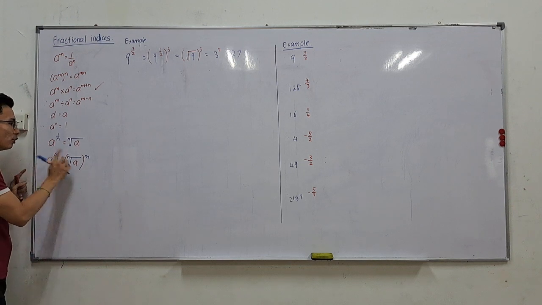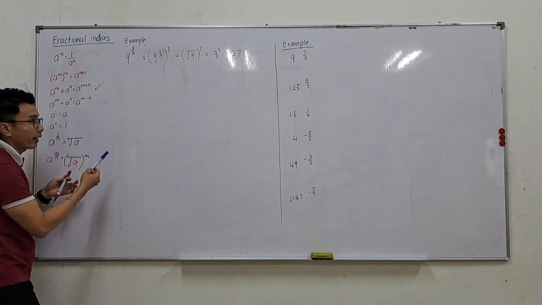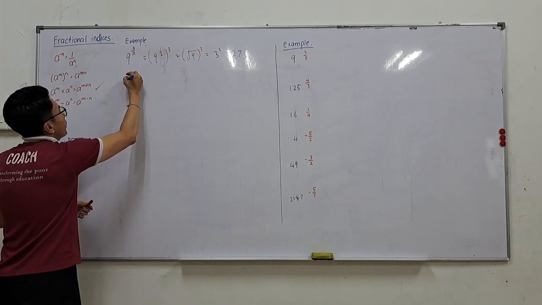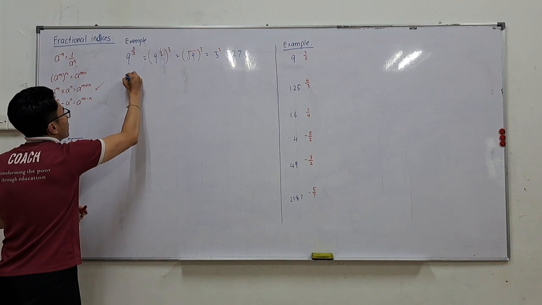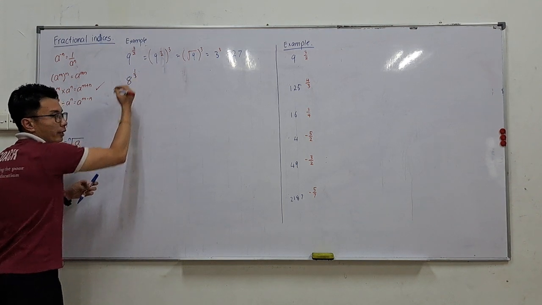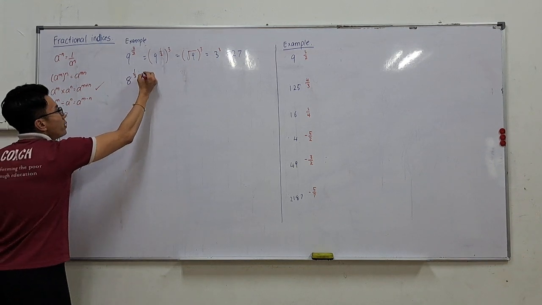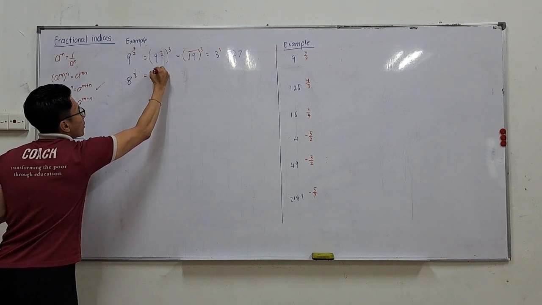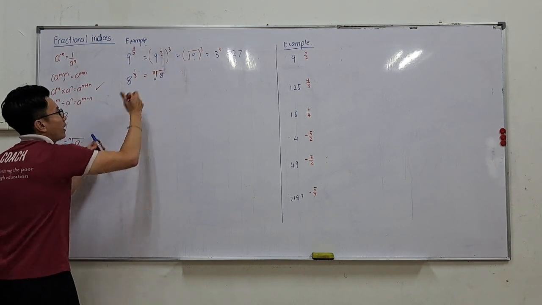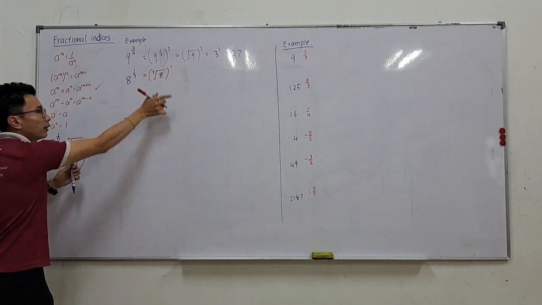Now, why did I not mention this in all the earlier examples? For example, I can use back the same example. Instead, I'll use this. Let's just use 8 to the power of 1 over 3. Based on this rule over here, we know that this is the cube root of 8, and I raise this to the power of 1, correct or not?